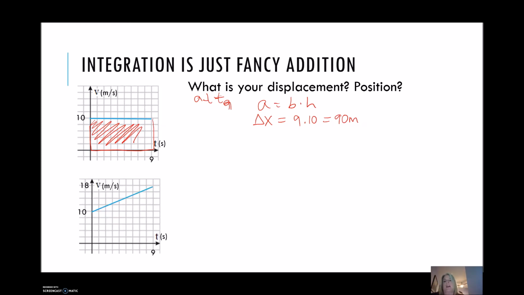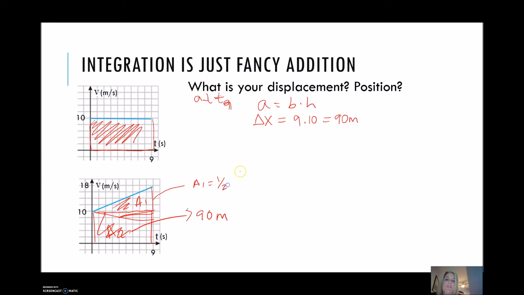How about this? If I wanted to know my displacement from this velocity versus time graph, in this case we have two different areas we have to add together. We'll call that area 1, and we have here our area 2. Now, we've already calculated area 2. That's the same as above. I did that to make math a little easier. Here, this area 1 is a triangle.